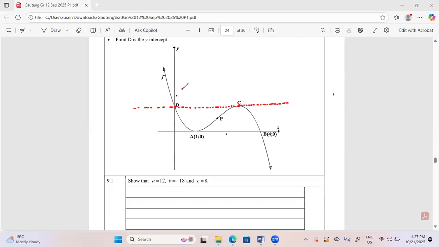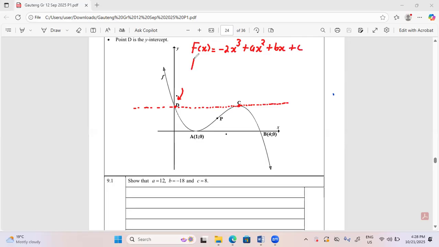D is the y-intercept of f. Do you still remember what is the equation of f? f of x was given as negative 2x cubed plus ax squared plus bx plus c.